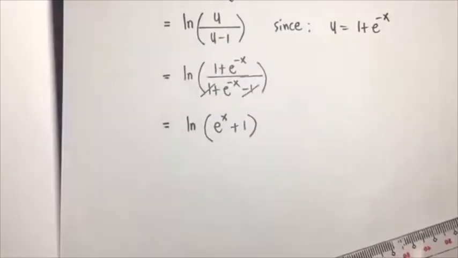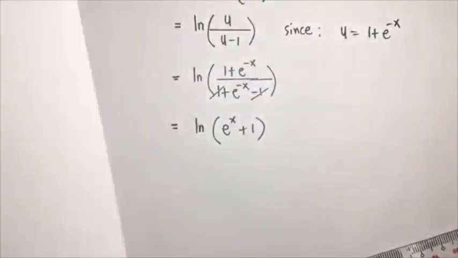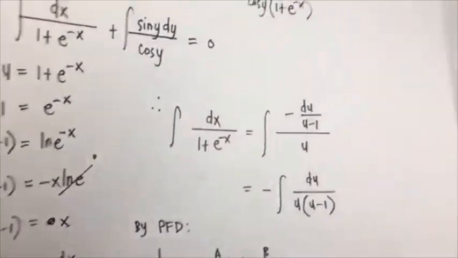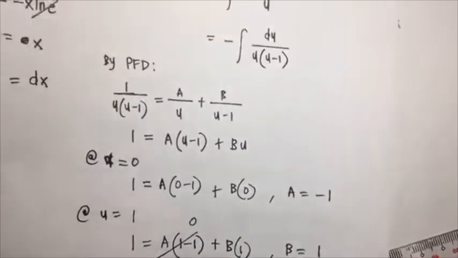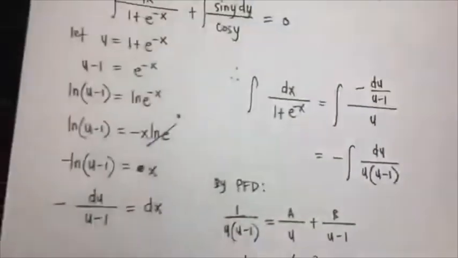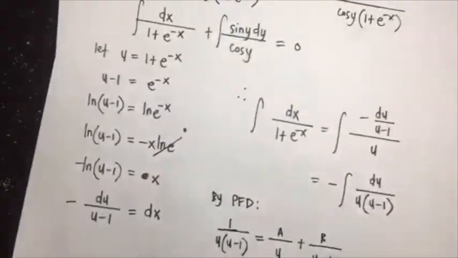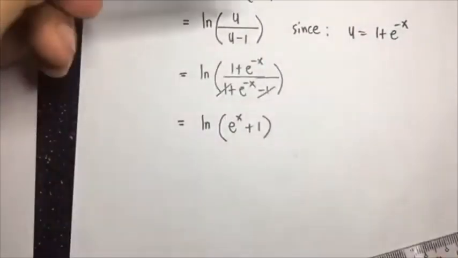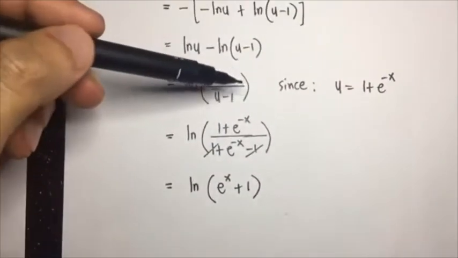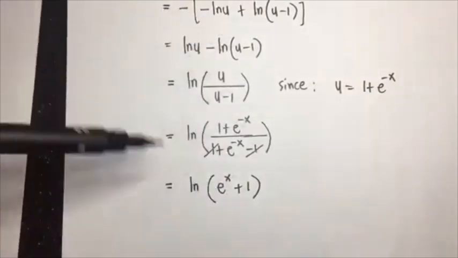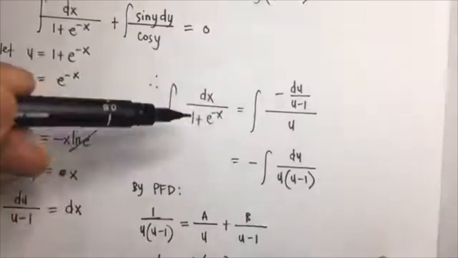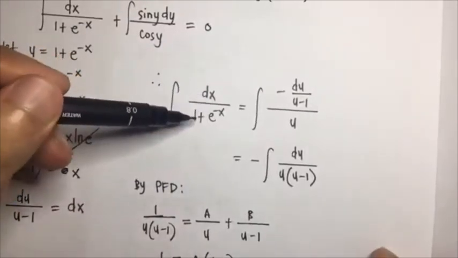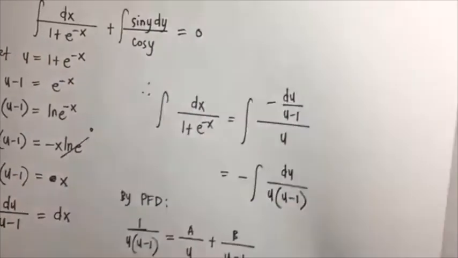But since we've already done the substitution and the long method of partial fraction decomposition, you have at least recalled your partial fraction decomposition and your algebraic substitution. You notice that we haven't added a constant here, because we were not finished integrating yet. Therefore, this is the integral of dx over 1 plus e to the negative x.